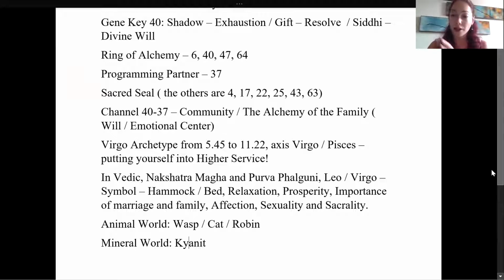If we talk the Gene Keys language, then 40 has the shadow of Exhaustion, the gift of Resolve, and the siddhi of Divine Will.